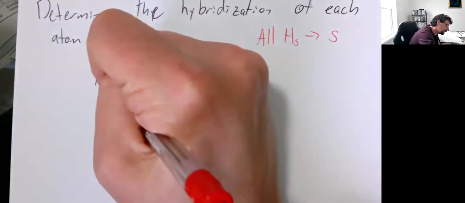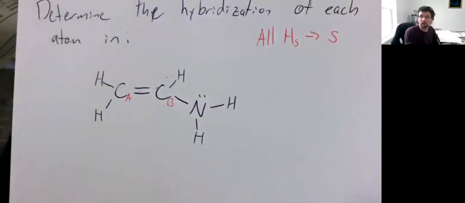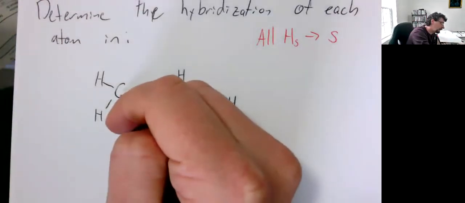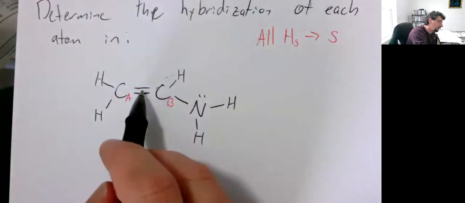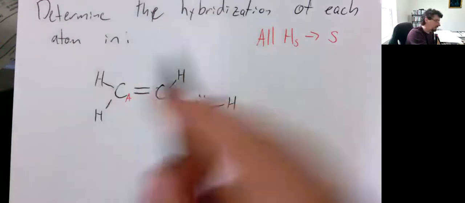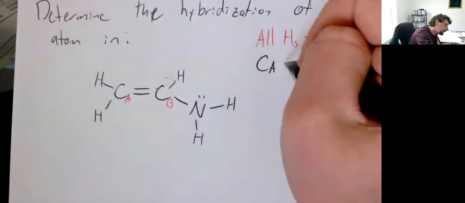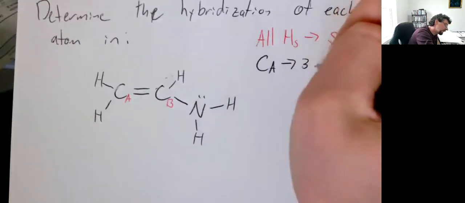Now let's consider the carbons. Let's label this one carbon A, this one carbon B, and we can leave the nitrogen just as nitrogen because there's only one of them. So now we have to determine the number of effective pairs around carbon A. Remember, double bonds are worth one effective pair. So we got 1, 2, 3. That means that carbon A has 3 effective pairs.